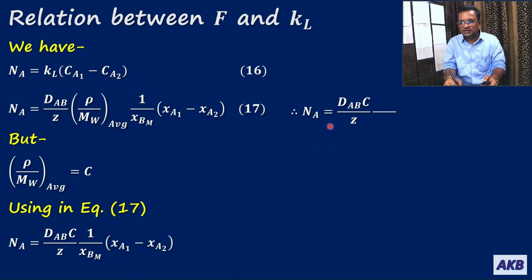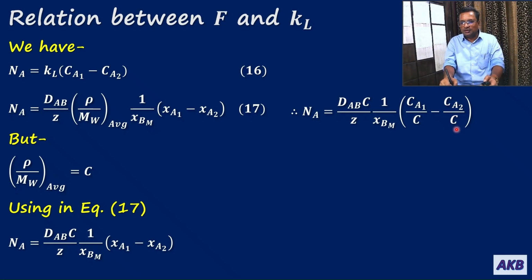So it will be Na is equal to DAB C upon Z into 1 upon XBM. But XA1, that is mole fraction of A at 1, is moles of A at 1 divided by total moles. So that's why it will be Ca1 upon C. Similarly, XA2 will be equal to Ca2 upon C, individual moles upon total moles. So in the next step, C will come out.